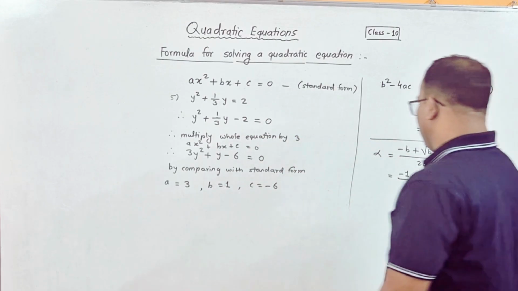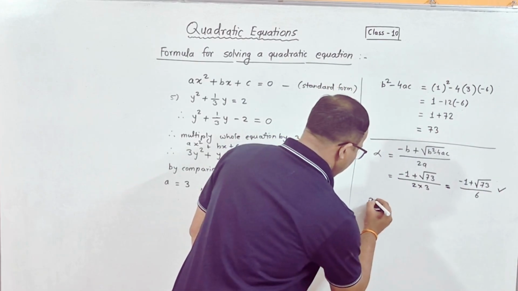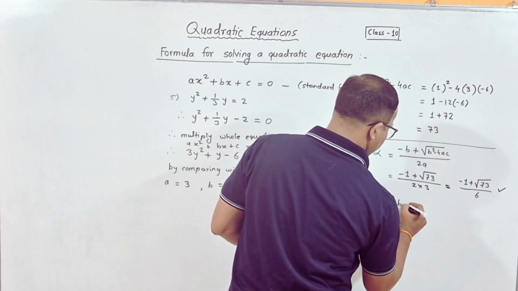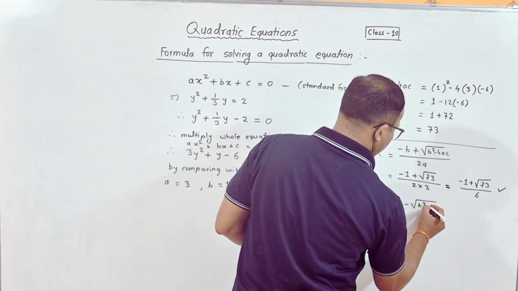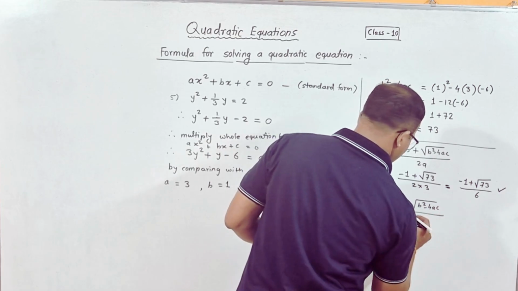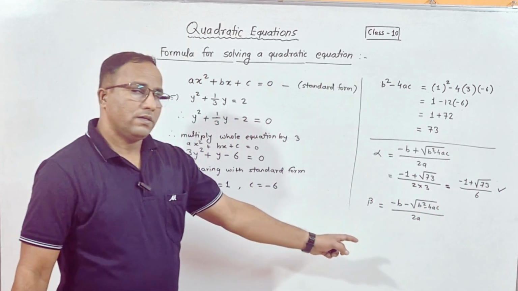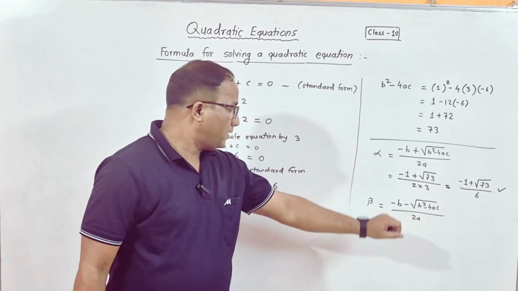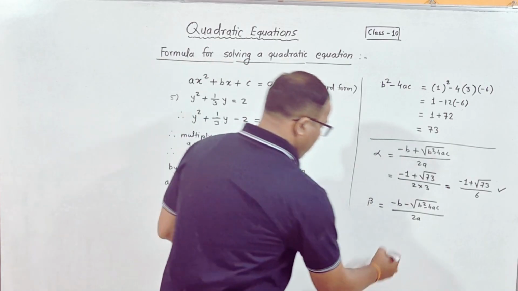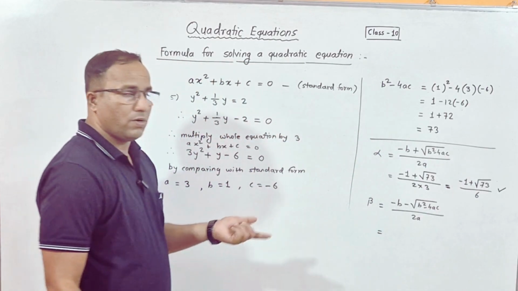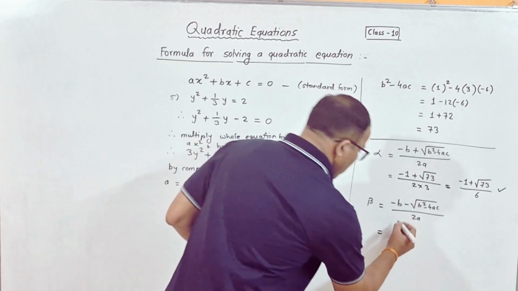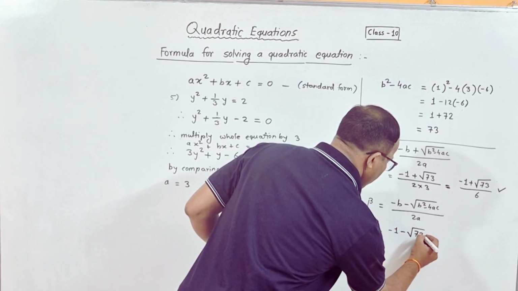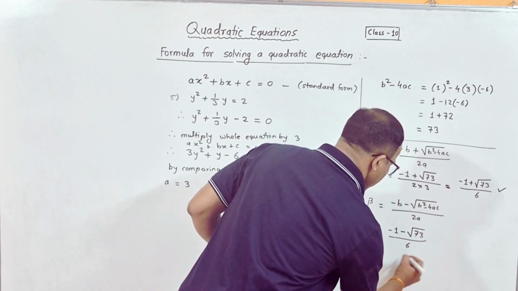Now beta, the other root. The formula for it is minus b minus under root b square minus 4ac upon 2a. Here we have just changed the sign after minus b, it is minus. Let's put the values of a, b and c here: minus b is minus 1 minus under root 73 upon 2a, it is 6.